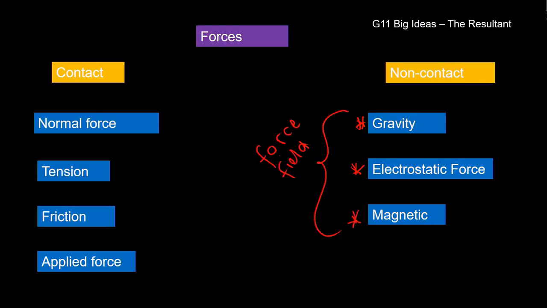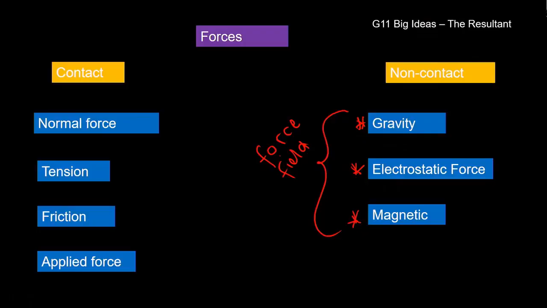We can't see a field, but they are there. We see the effect of a field, an attraction or a repulsion. Gravity, you might say, but we connect it to the earth. Yes, these non-contact forces can be where objects are close up, but they also act over a distance.